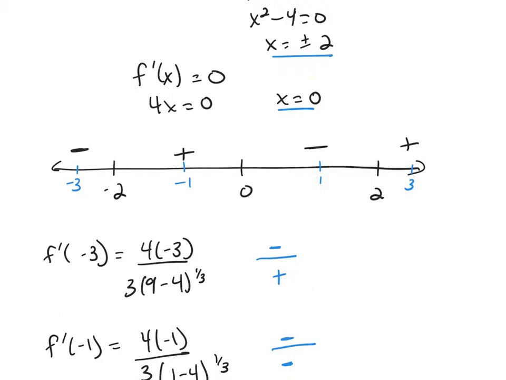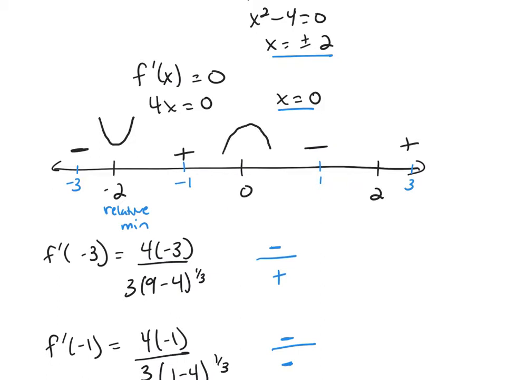So let's classify these now. Let's think about what our function's doing. Our function is decreasing and then increasing. So that would be a relative minimum. Here it's increasing and then it goes decreasing.